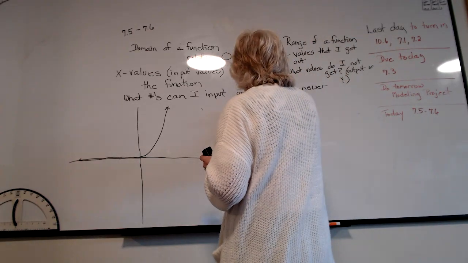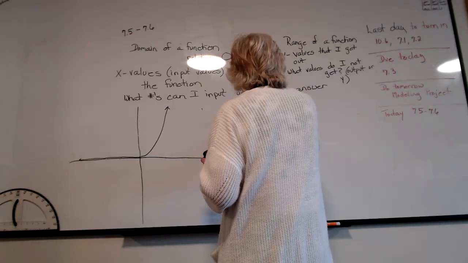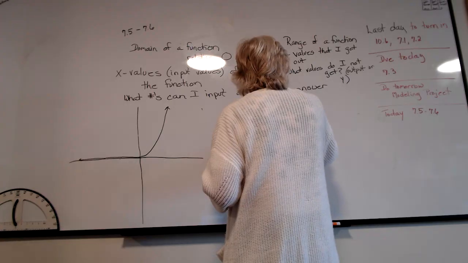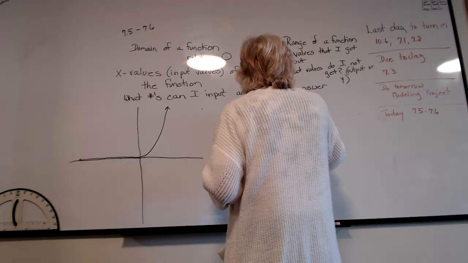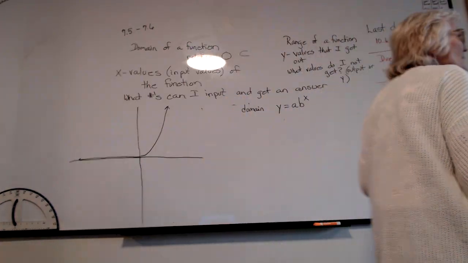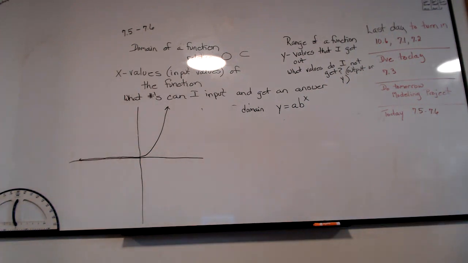So our domain, for y equals ab^x, what kind of values can I put in for x? Can I put 5 in for x? Can I put -5 in for x? Yeah, actually you can. We haven't talked about negatives yet. We are going to get to those, but you actually can.